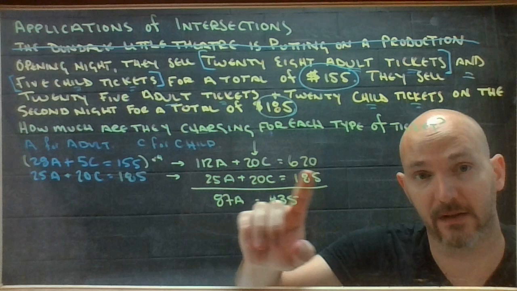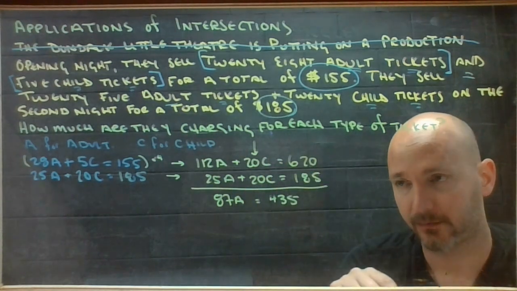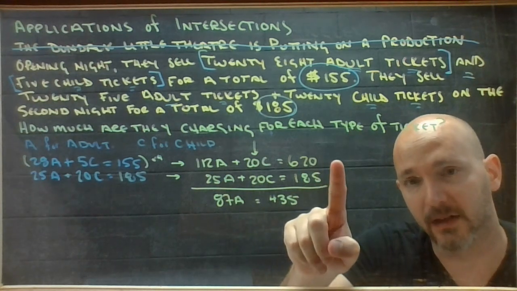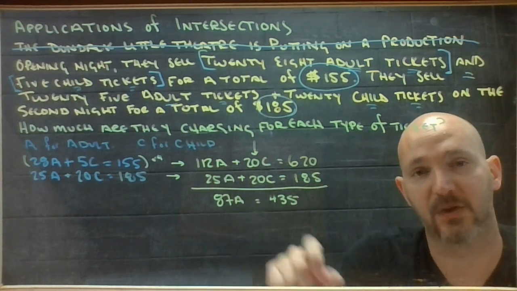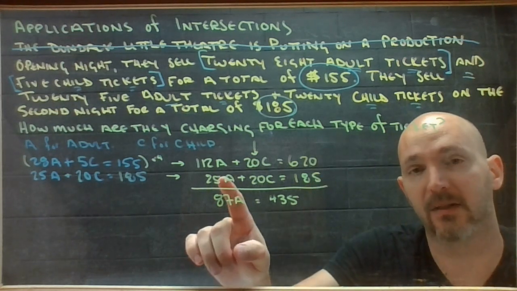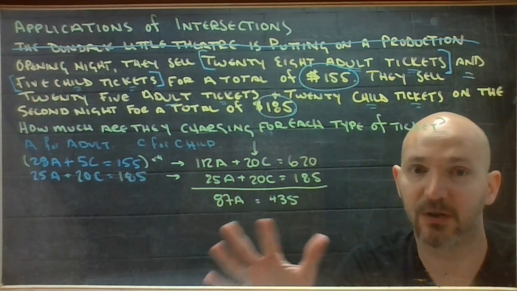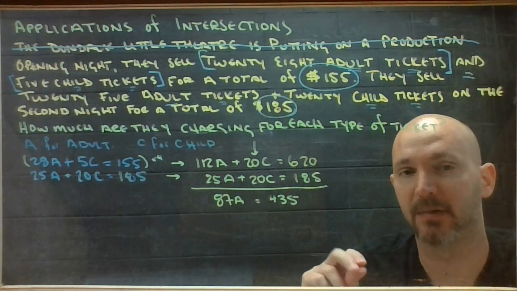So there it is. Now between these two lines, I know that this number here is some adult tickets and some child tickets. I know that this number here is some adult tickets and some child tickets. What I don't know is how much of each pile belongs to which type.